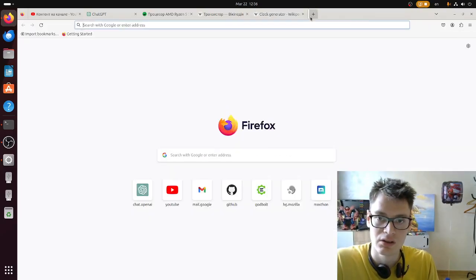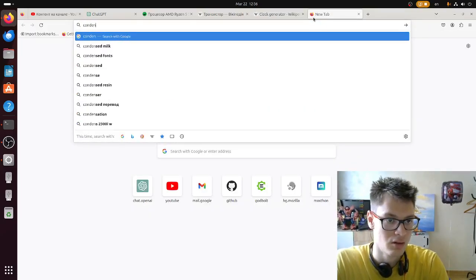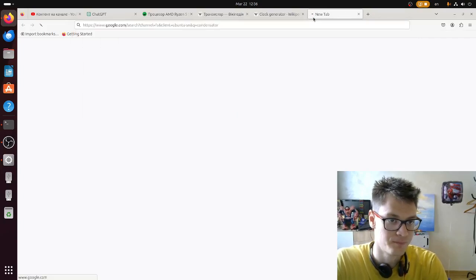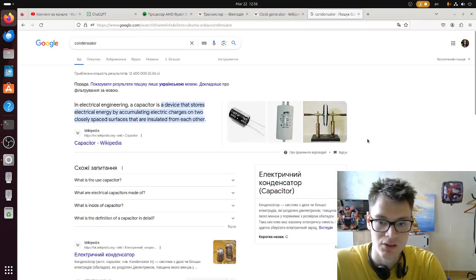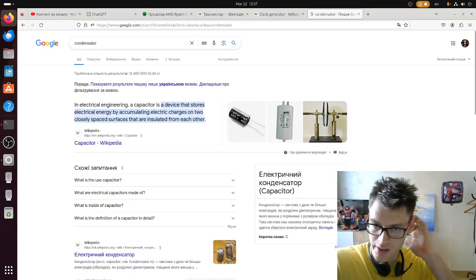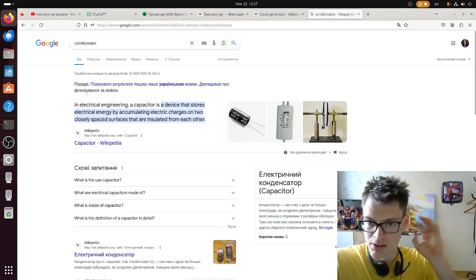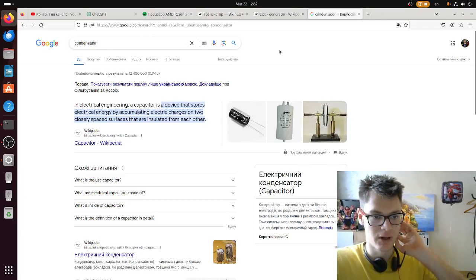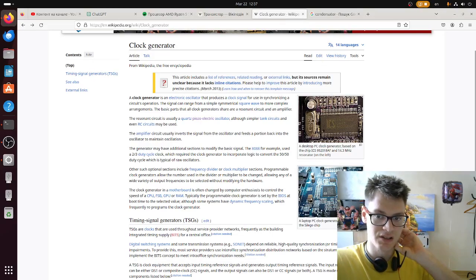I don't know how to say it in English. Yes, so basically it charges and then it discharges, and you can create some blinking with it. So I think this one is the base of this one. So I hope so.